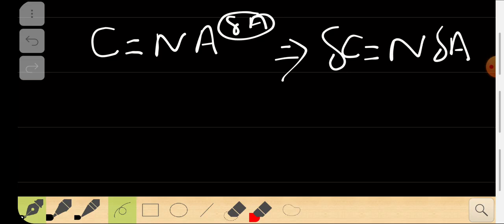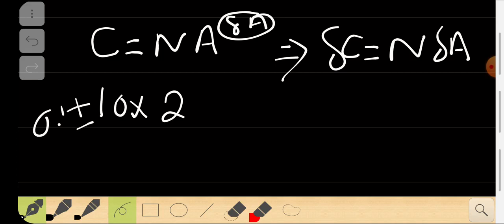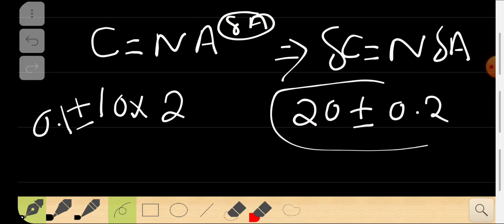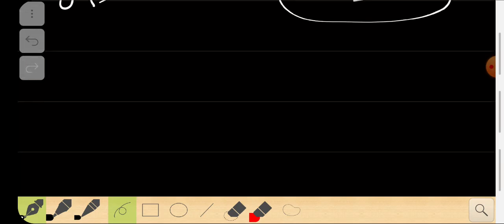So if you have 10 here, multiplied with 2, with the 10 having an uncertainty of plus or minus 0.1, you can see that you get 20 plus or minus 0.2, right? That's how uncertainty propagates, the error propagates like that.